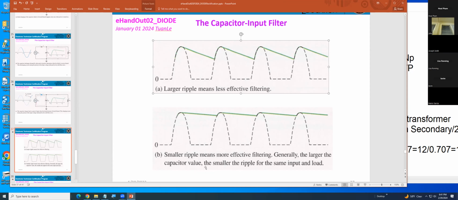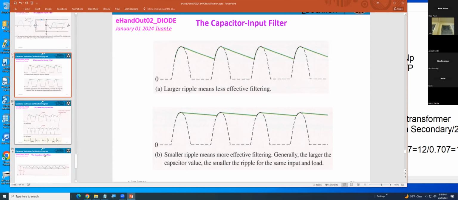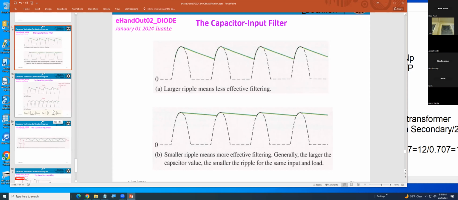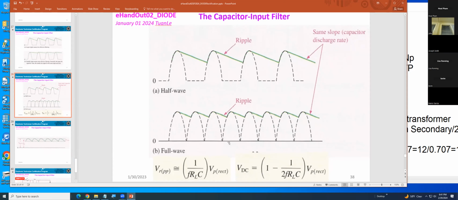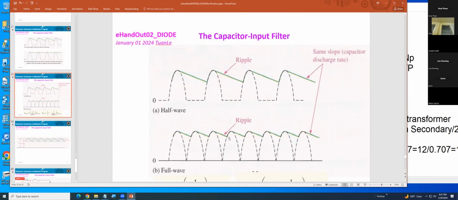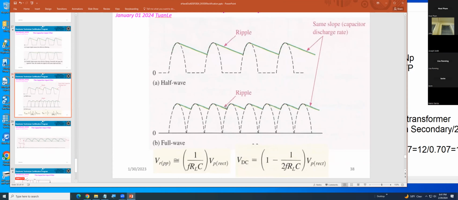That means if you want less ripple, less noise, you want to use a large value of the capacitor. So the capacitor is responsible for the filter circuit in a power supply or whatever? Yeah, that means they don't want this noise, ripple.